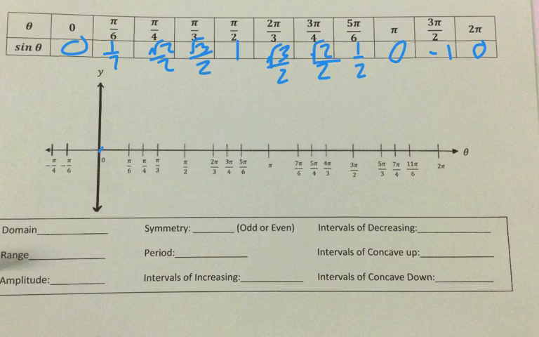All right, so if I graph this, I'm at 0. I'm at 1/2. I'm at radical 2 over 2, radical 3 over 2, and I'm up to 1.